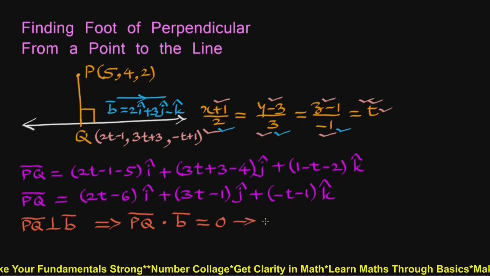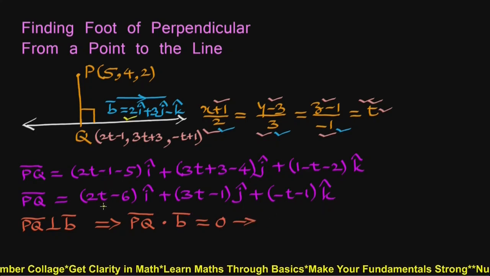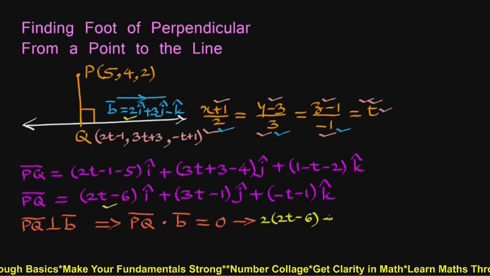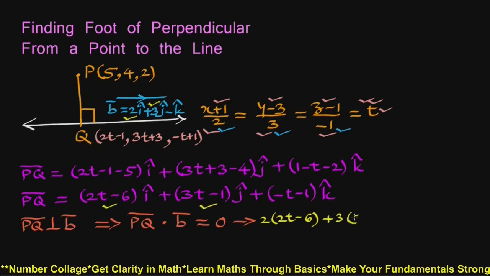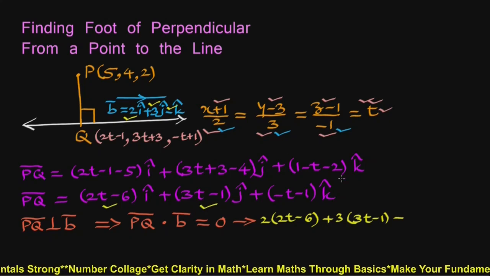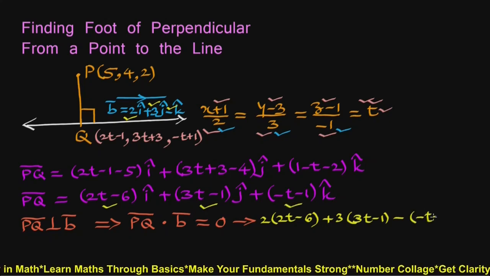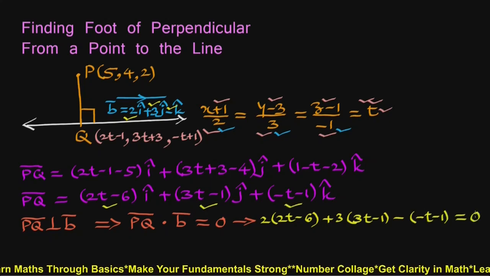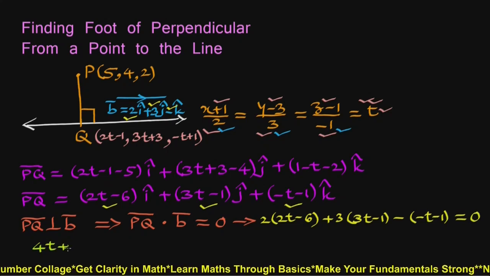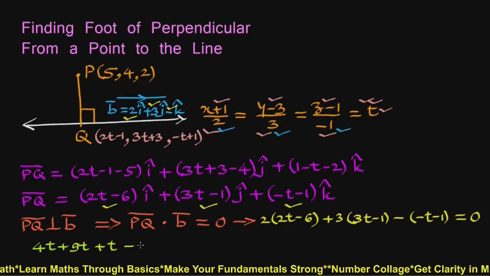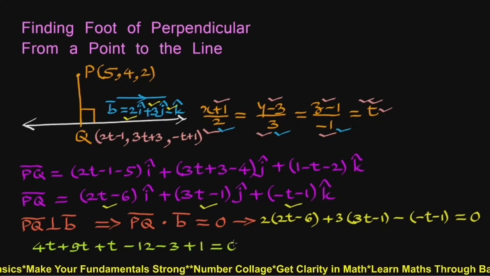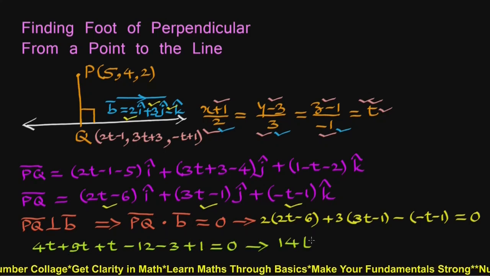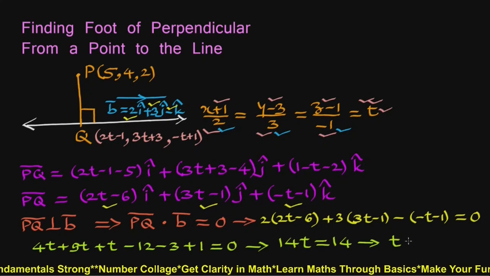That gives 2 into (2t minus 6) plus 3 into (3t minus 1) minus 1 into (minus t minus 1) equals 0. So 4t plus 9t plus t minus 12 minus 3 plus 1 equals 0. 14t equals 14. t equals 1.